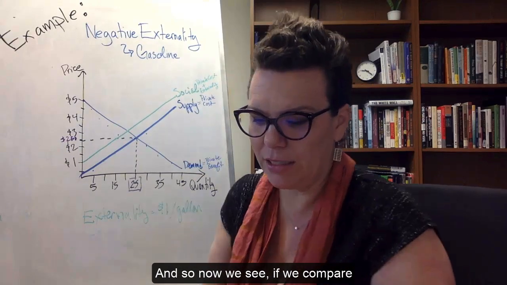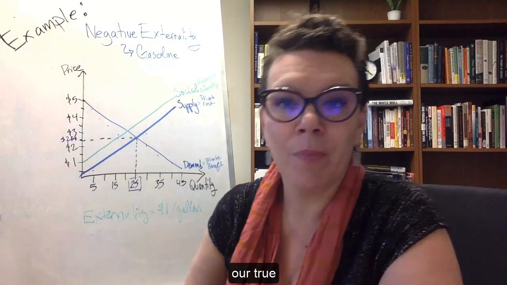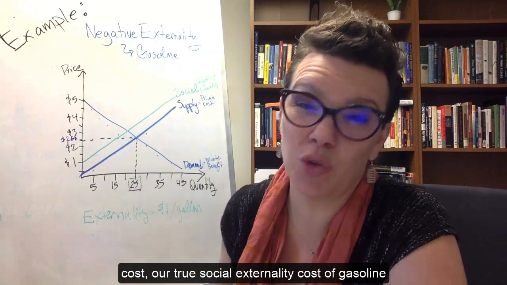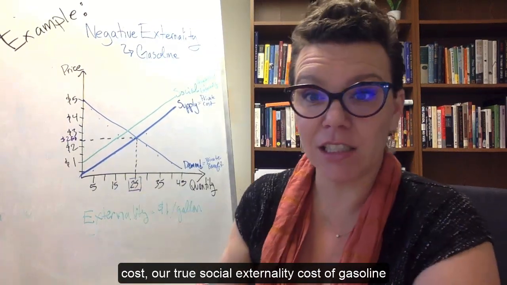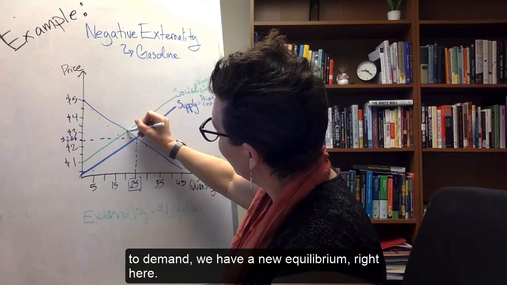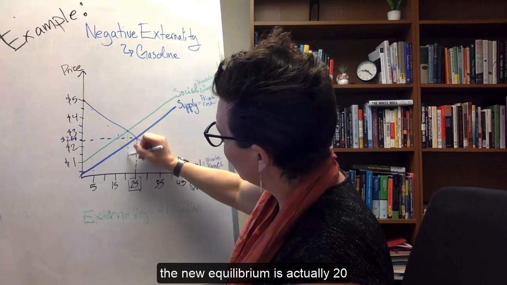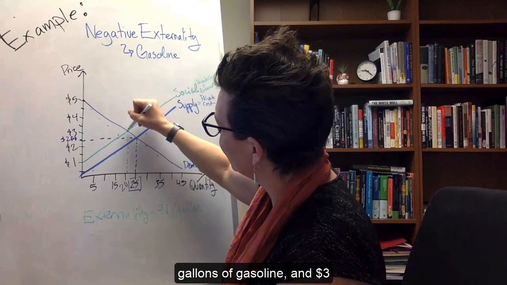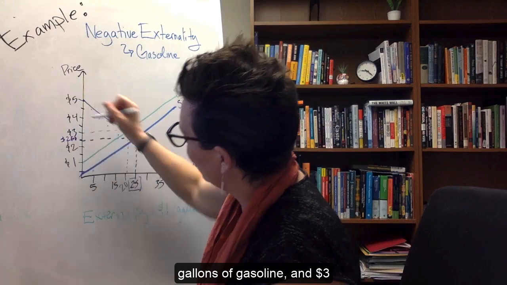And so now we see, if we compare our true social cost of gasoline to demand, we have a new equilibrium right here. The new equilibrium is actually 20 gallons of gasoline and $3.